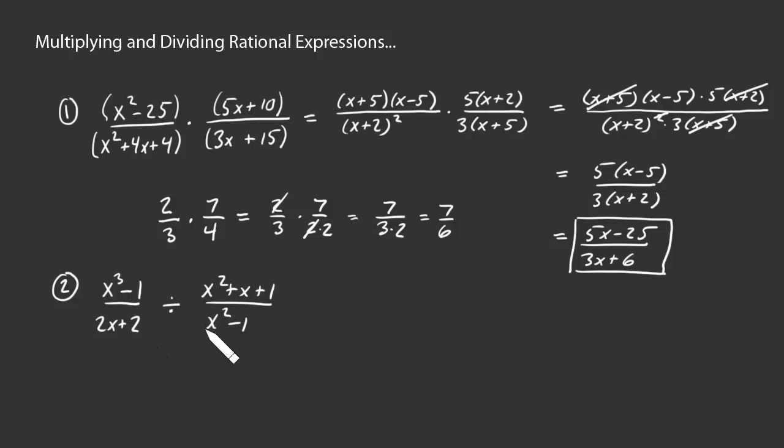It means you multiply by the reciprocal. So this problem is immediately turned into a problem similar to the one above. We have (x cubed minus 1) over (2x plus 2) times the reciprocal of this. That means we just flip it. The old denominator becomes the new numerator, and the old numerator becomes the new denominator.